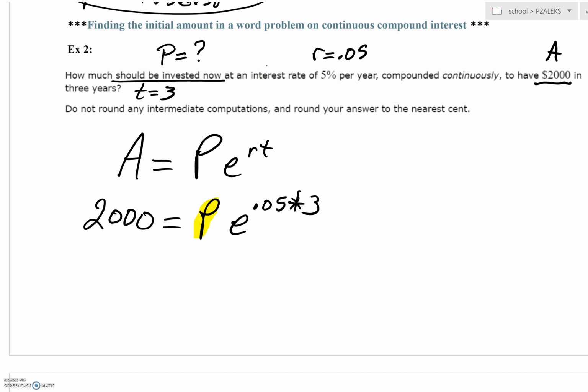Get the variable alone. And right now, P is not by itself on the right-hand side. In fact, it's being multiplied. Whenever two items are right next to each other, it's implied multiplication. So tell you what I'm going to do. I'm going to divide by this e to the 0.05 times 3.